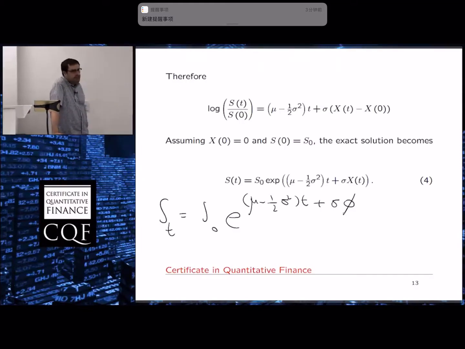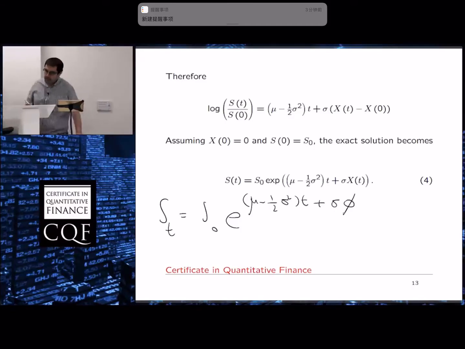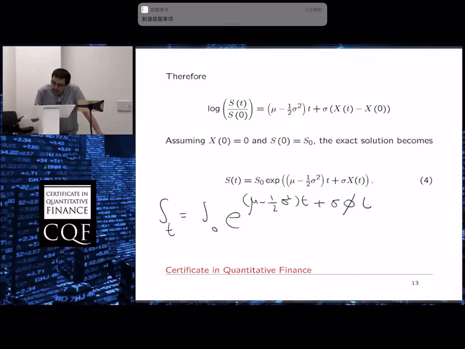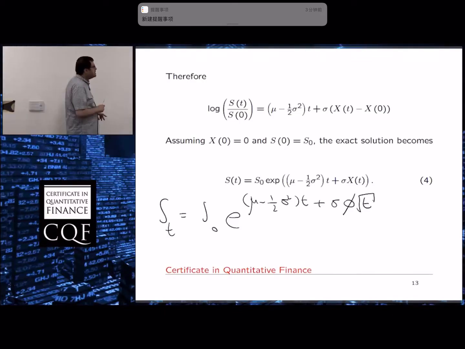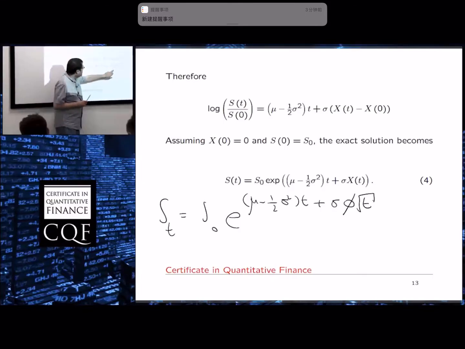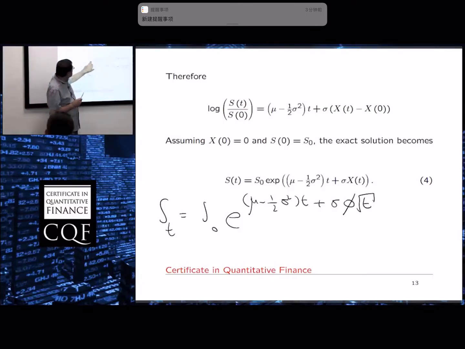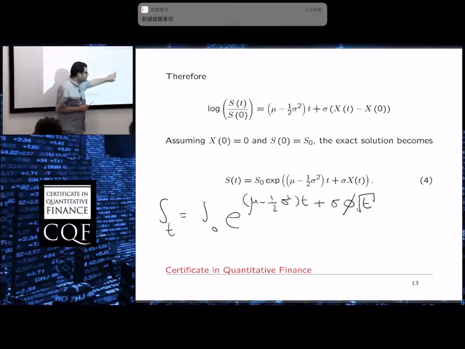Root t. No, sorry, the square root of t. The reason being that this has to have a scaling depending on what the time jump here is. It's 0 to t, so it's t. So it has to be the square root.